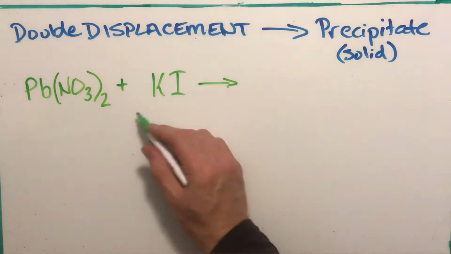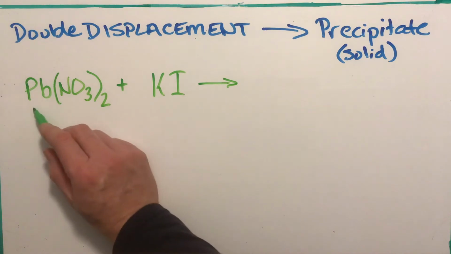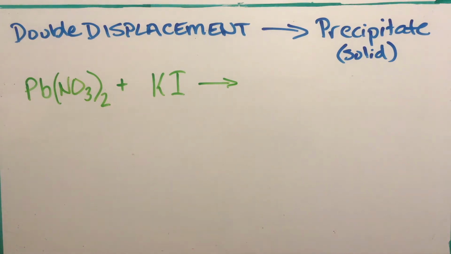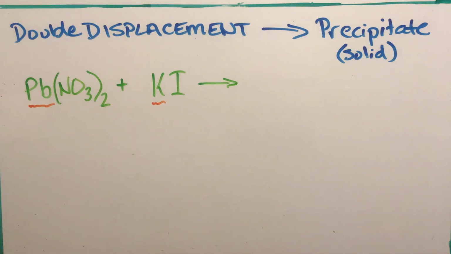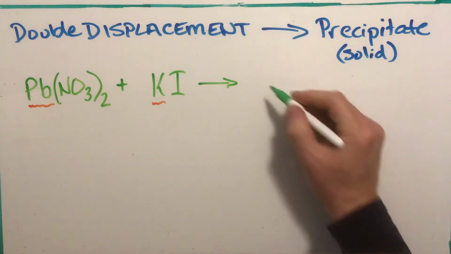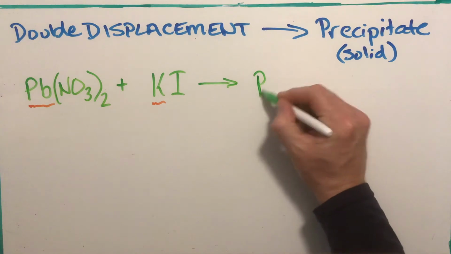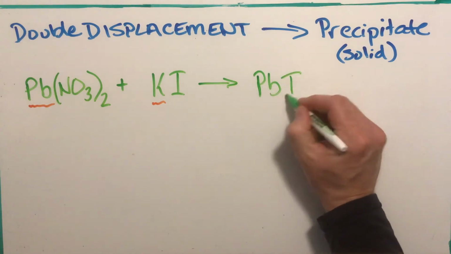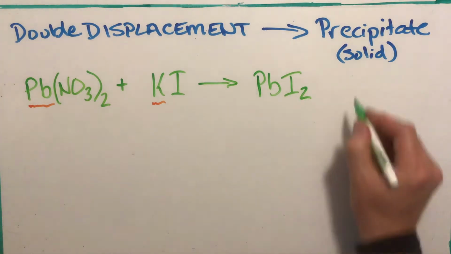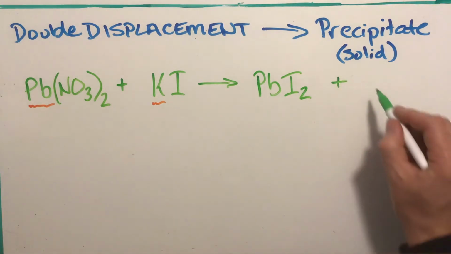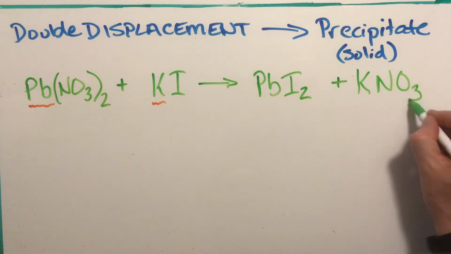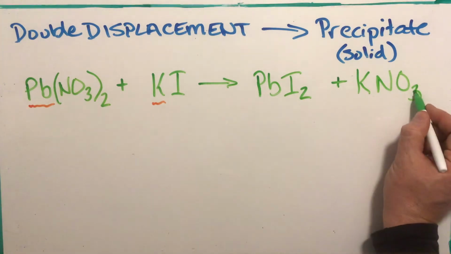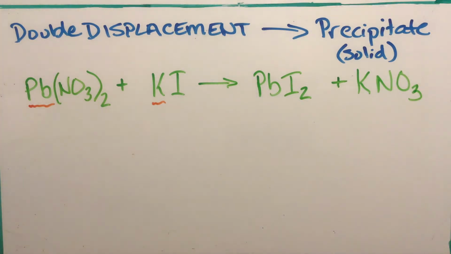So if I switch the 2 front halves, I know that I'm going to have to switch this with this. So my products are going to be lead iodide, which is PbI2, and potassium nitrate. And these are good formulas. I think by now we should be pretty good with formulas. So there's our skeleton equation.